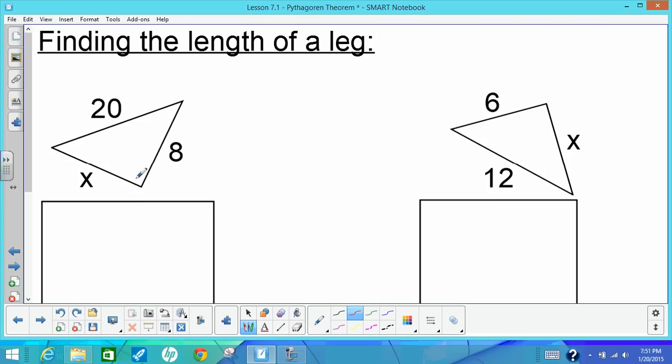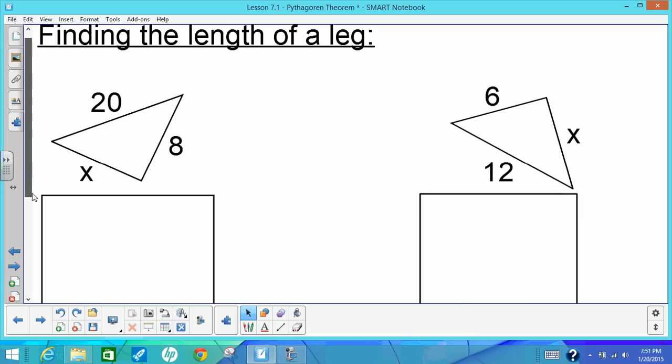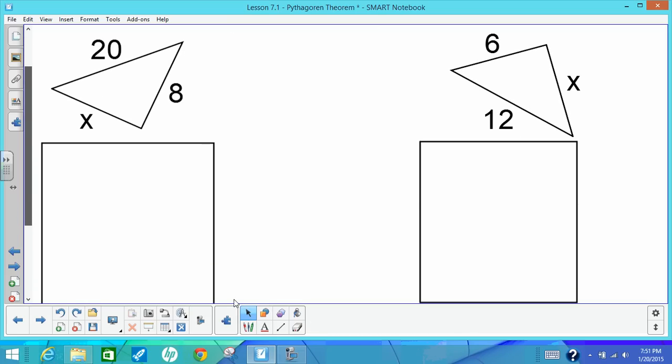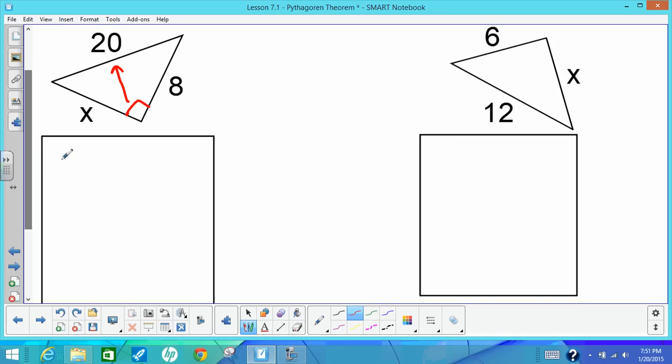The first way we can do that is if we have a side that's a leg missing. So here we have a hypotenuse that's 20. And one of the legs is 8 and one of the legs is x, and we want to find the length of that leg.